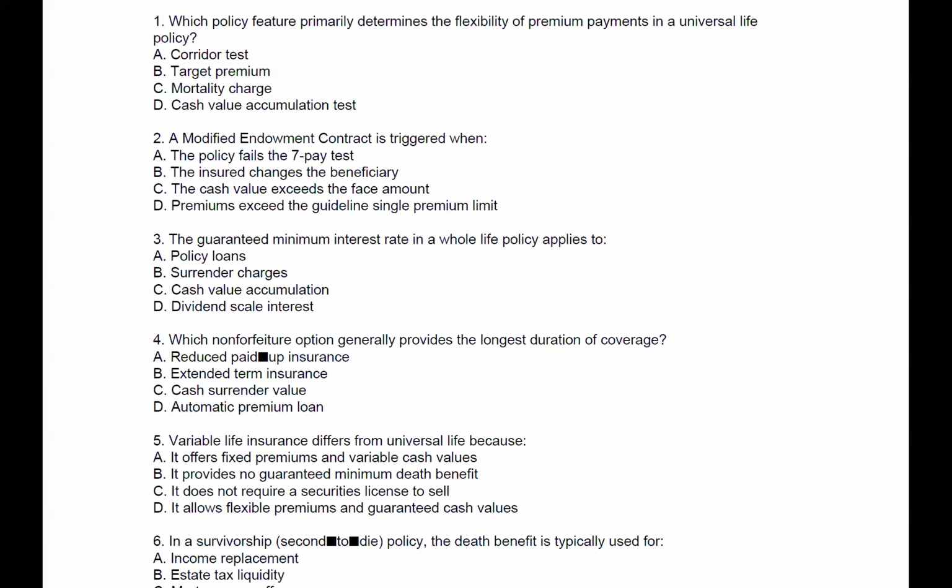No. All right, try it again. Which non-forfeiture option generally provides the longest duration of coverage? I guess it'll be D. No. The answer is A. Now let me explain it to you.